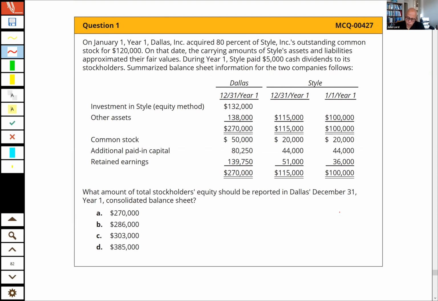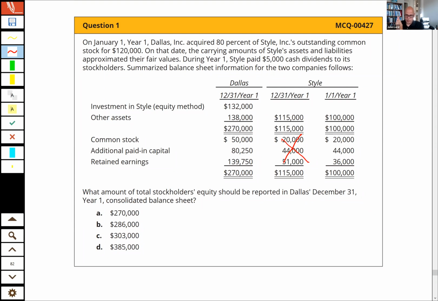No. We eliminate all of this, don't we? We get rid of all of the stockholders' equity of the subsidiary because the beginning retained earnings was part of the book value that we purchased.